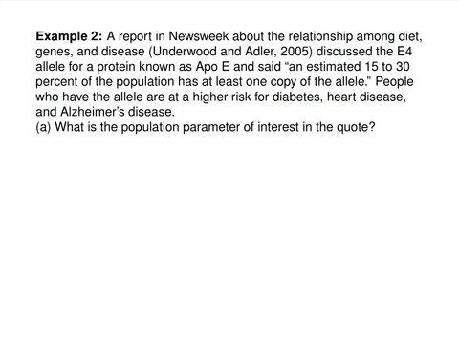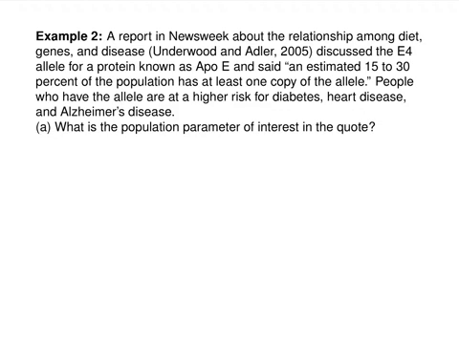Okay. So a report in Newsweek about the relationship among diet, genes, and disease discussed the E4 allele for a protein known as APOE and said that an estimated 15 to 30% of the population has at least one copy of the allele. People who have this allele are at a higher risk for diabetes, heart disease, and Alzheimer's disease. So what is the population parameter of interest in the quote?